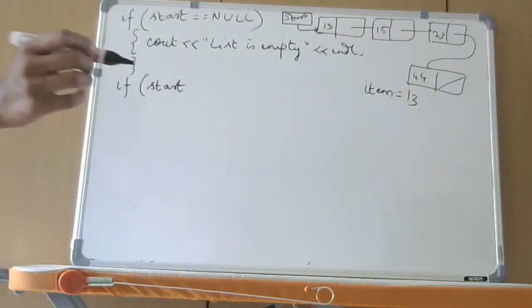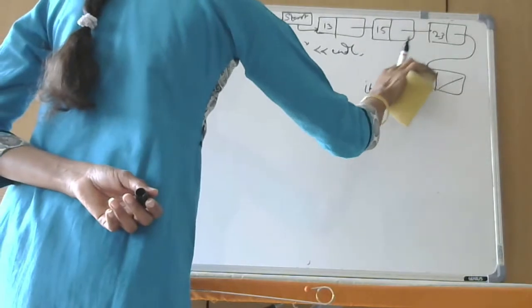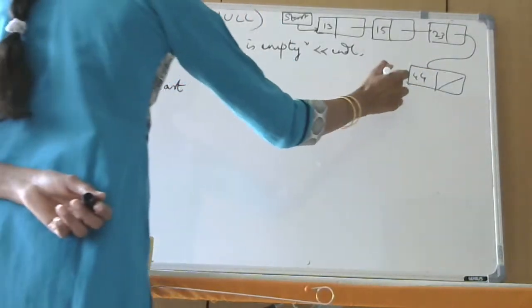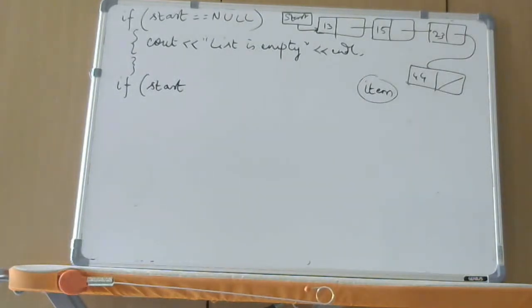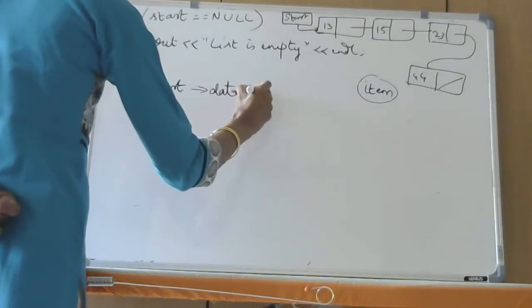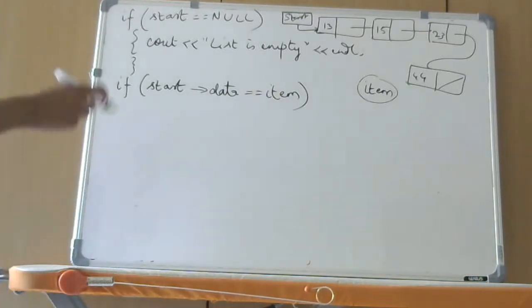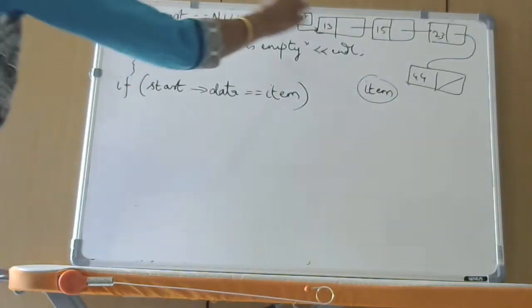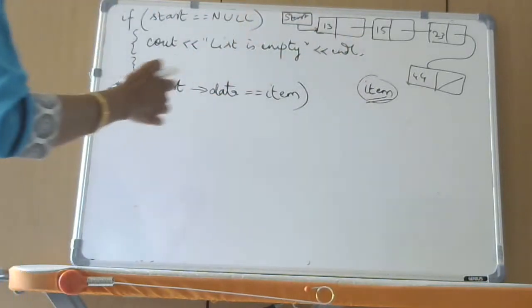I should check that first. What I will check is: if start of data is equal to item. That means my first node itself contains this item.